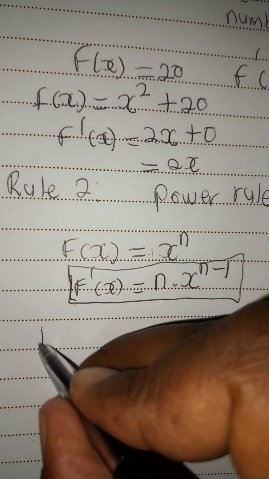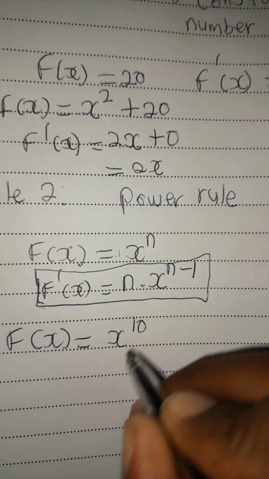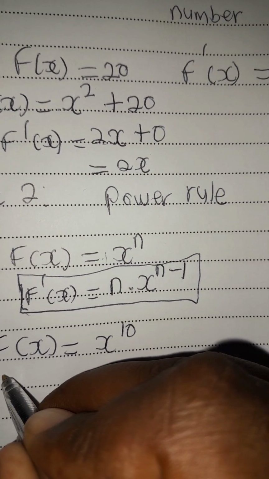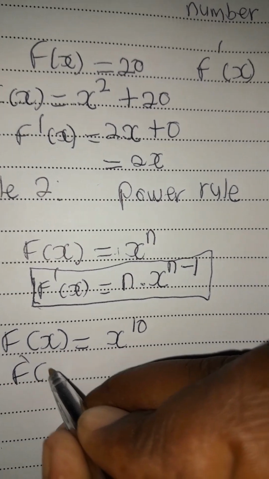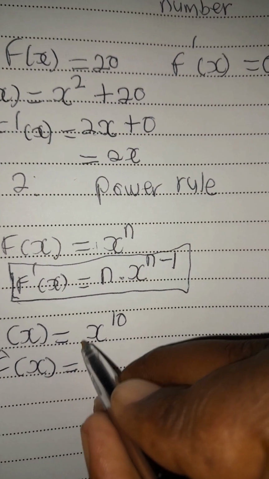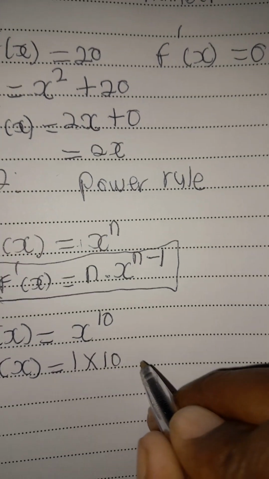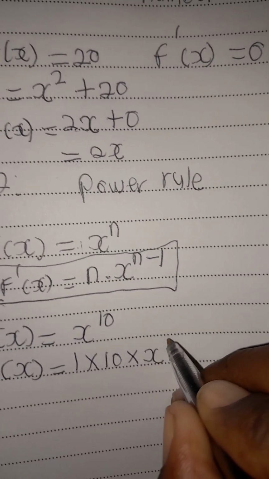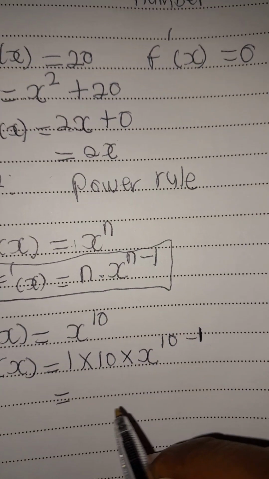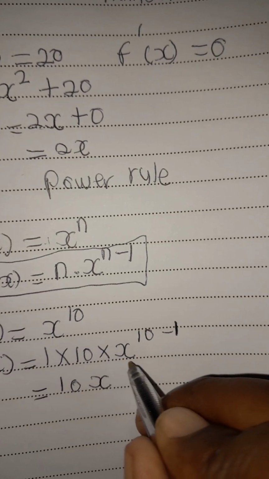Let's say you're given f(x) = x to the power of 10. You're supposed to differentiate this. The derivative f'(x) is equal to, remember this invisible coefficient of 1, 1 times 10 multiplied by x to the power of 10 minus 1. 1 times 10 will be 10, as well as 10 minus 1 will be 9.